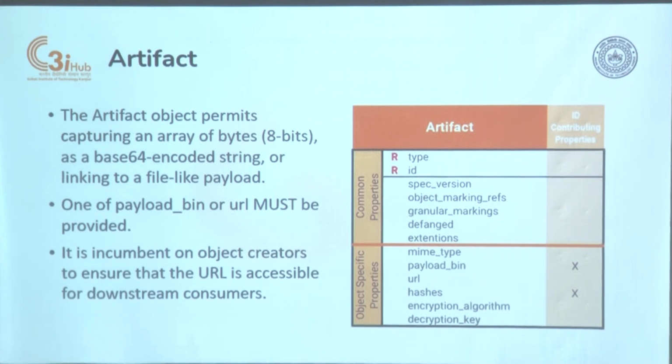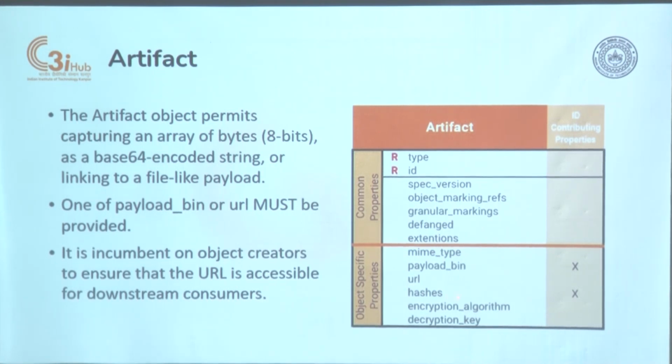So in this SCO, you see that this is the artifact object, right. The artifact object is usually for capturing an array of bytes as a base64 encoded string, or linking to a file-like payload, right.